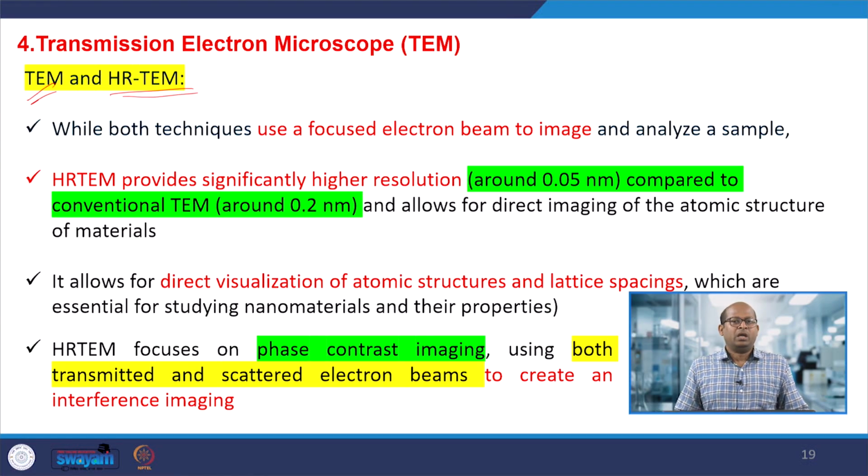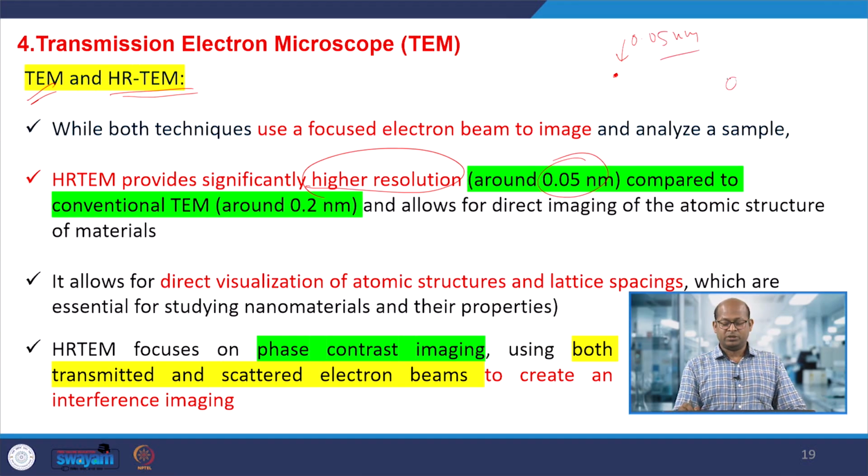We can get an image in both cases, TEM and HR TEM, but in the case of HR TEM the resolution is significantly better, around 0.05 nanometers. If the sample is in the very small nano range, then HR TEM analysis is needed, whereas normal TEM analysis gives around 0.2 nanometers.